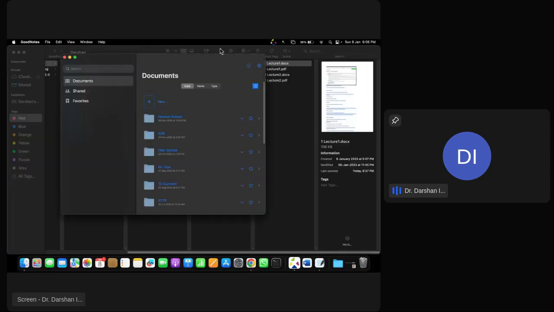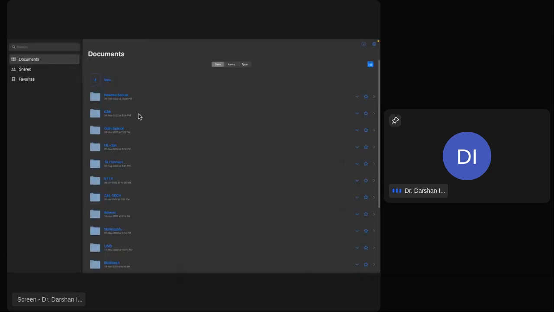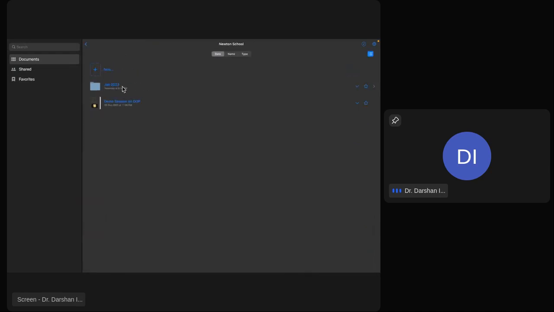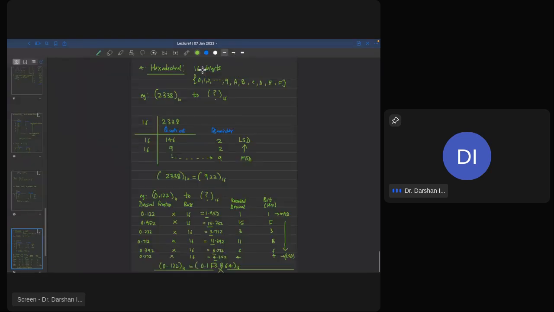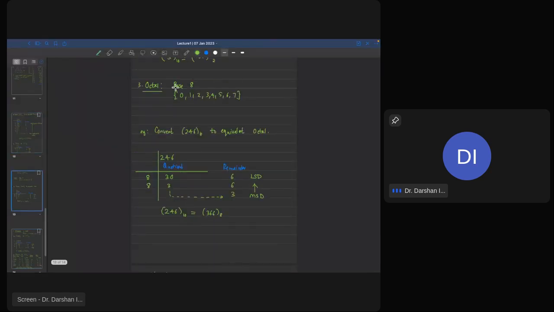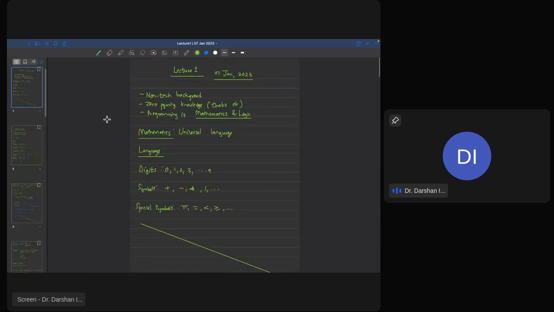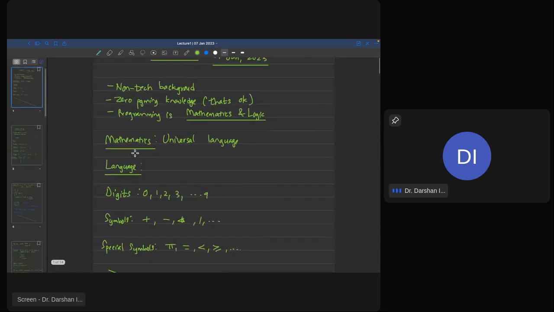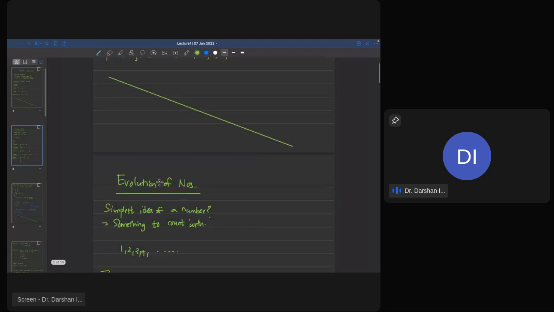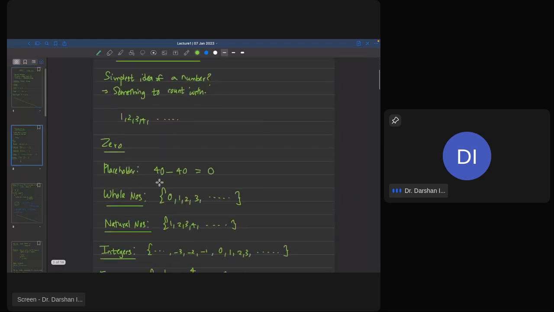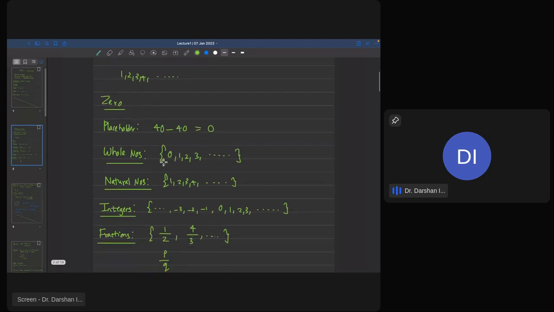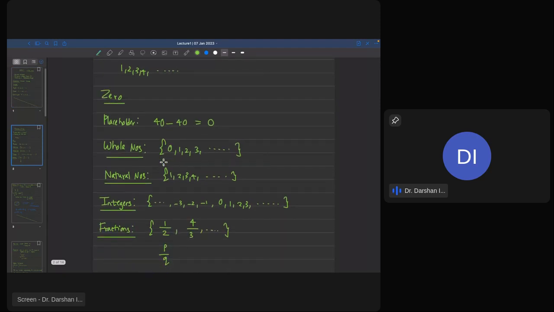Number systems, yes, that's correct. Quickly revising whatever we did yesterday. Basics was okay. Zero significance. Whole numbers go from 0, 1 to infinity.